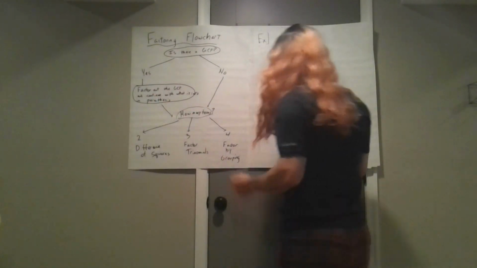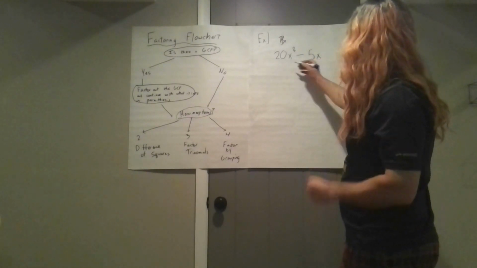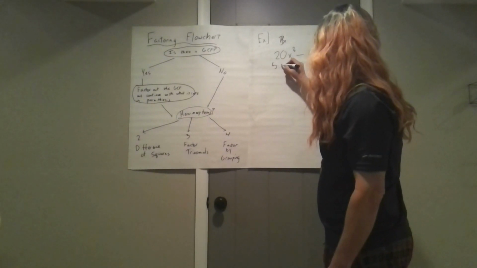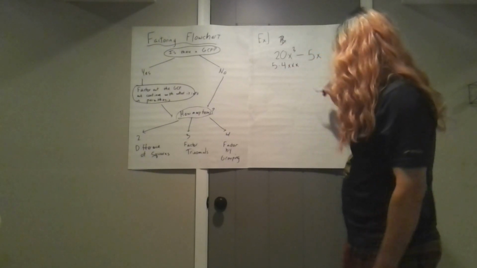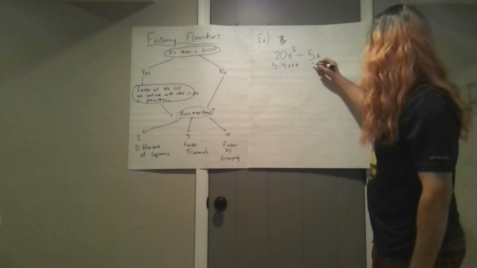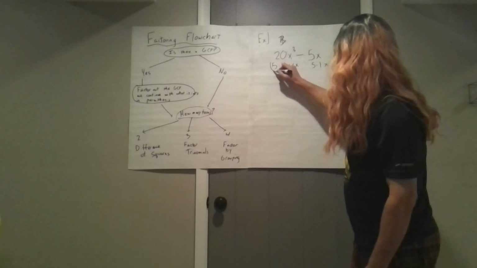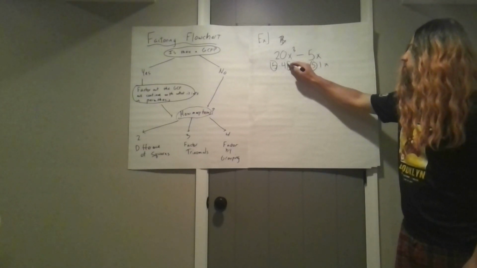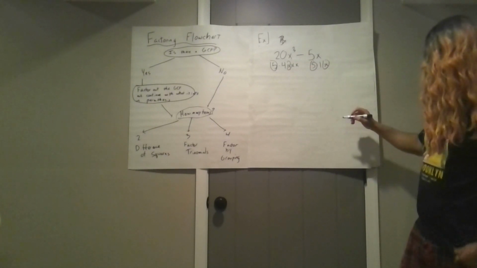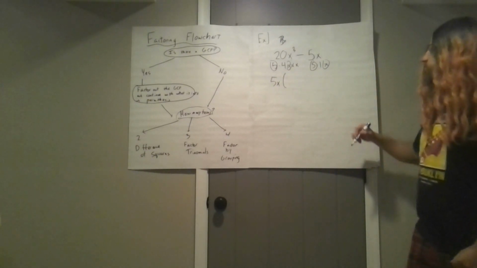So we're going to factor out the GCF and continue with what's left in parentheses. 20 and 5 have a GCF of 5. So that's 5 times 4 times x times x times x. That's 5 times 1 times x. What's common? Well, the 5 and an x. So 5x is my GCF.